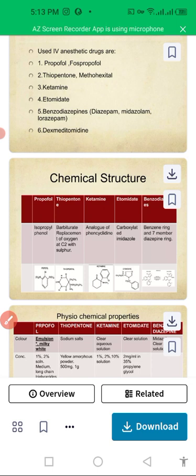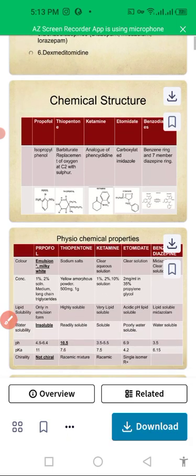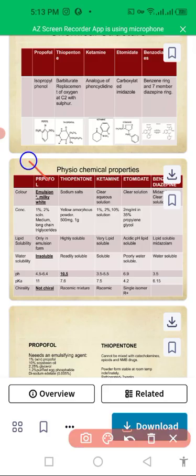Their chemical structures are like these, and this is not very important. The important thing is that propofol is a milky white emulsion. Its concentration is 1 to 2%. It is only available in emulsion form for lipid solubility, and it is insoluble in water.